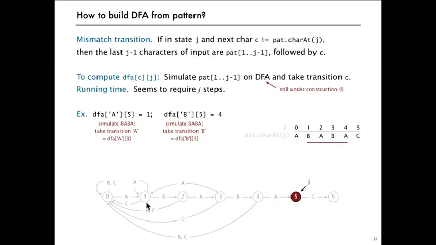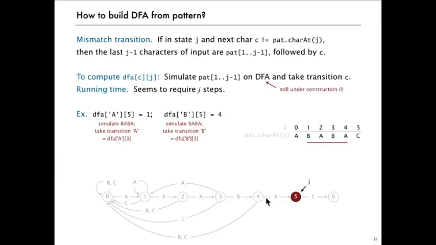So what that says is if we had a mismatch and we saw an A in state 5, we would need to be in state 1, because if we had run the thing on the characters that we know, BA, A, we would wind up in state 1. And similarly, if we got the mismatch on a B, again, if we did BA, we'd be in state 3, and we're in state 3 and we saw a B, we'd go to 4.